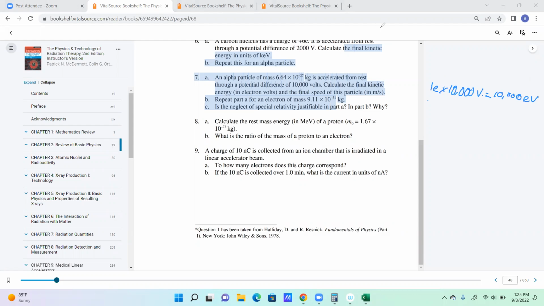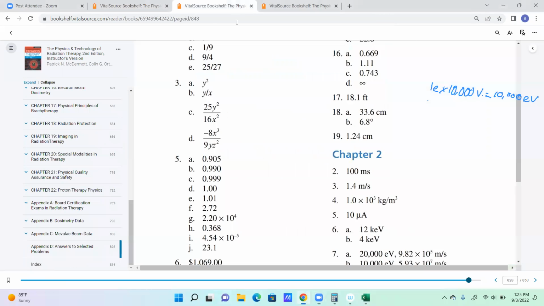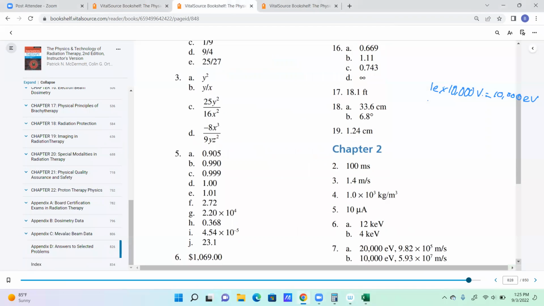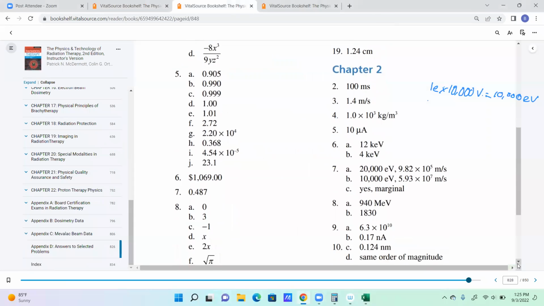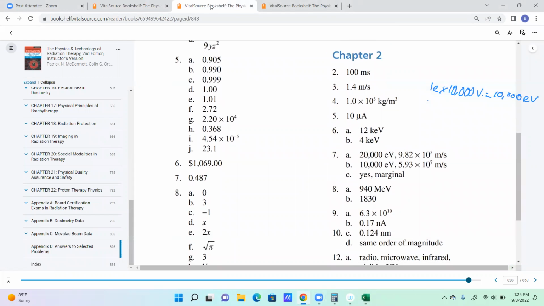And that should be what we have over here. If you look at 7b, that's exactly what it is.